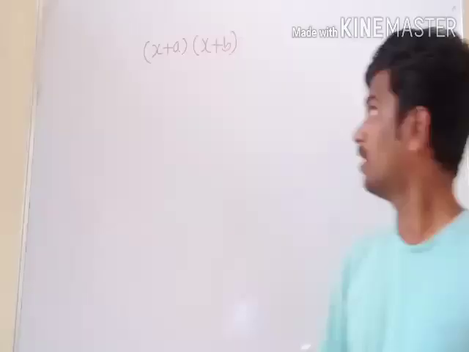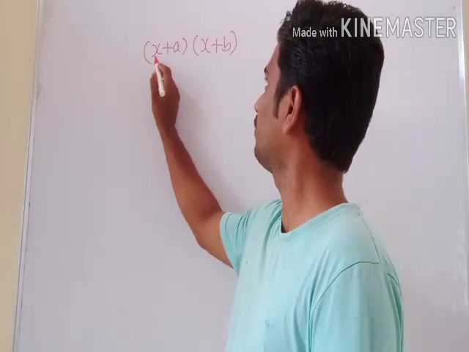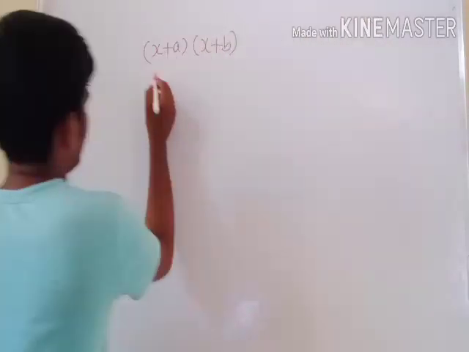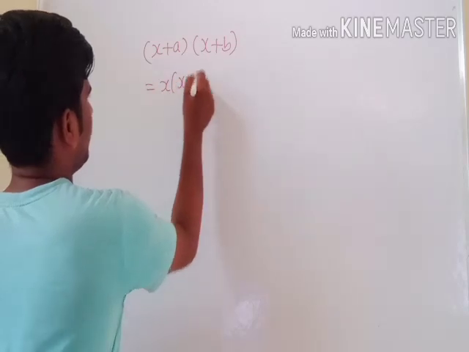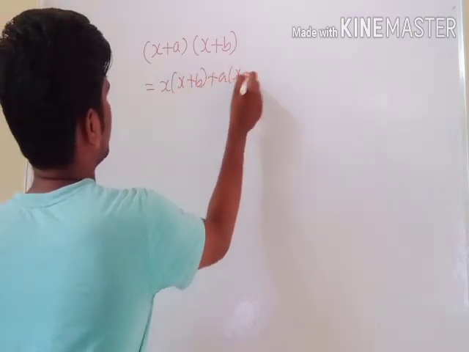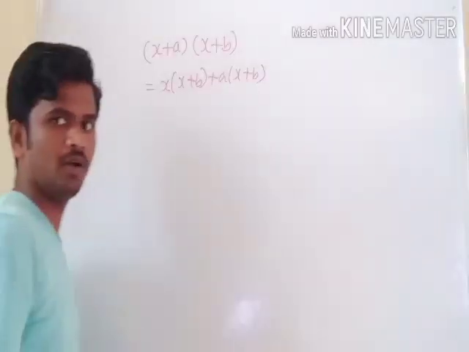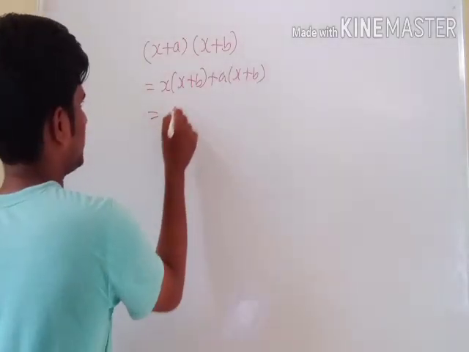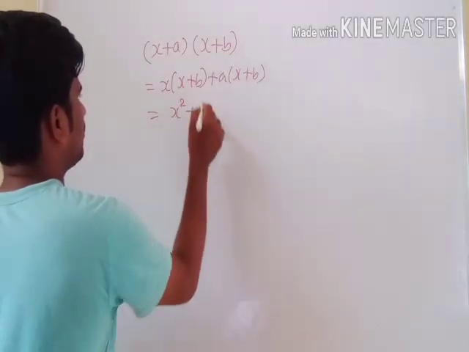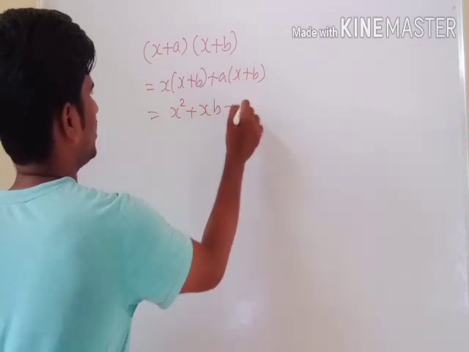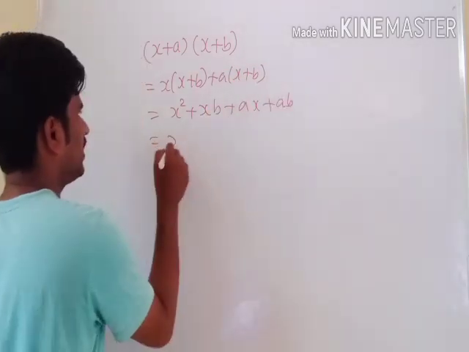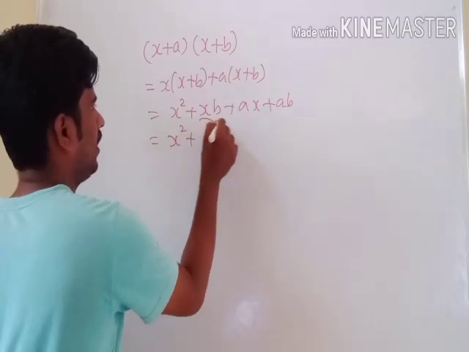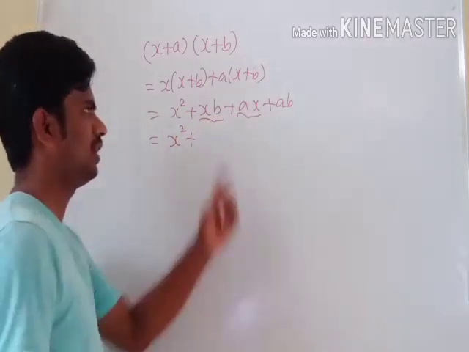See, first you multiply this one, what happens there? So we can write this one as x into (x plus b) plus a into (x plus b). Okay. Then x into x is x^2. Then x into b is xb plus a into x is ax plus a into b is ab. So we can write this one as x^2, and in these two terms there is a common x.